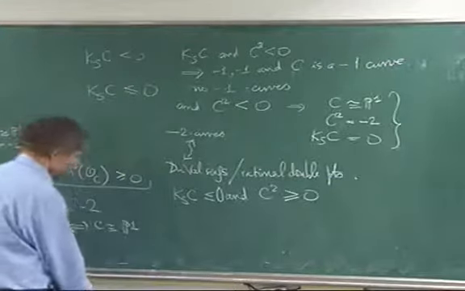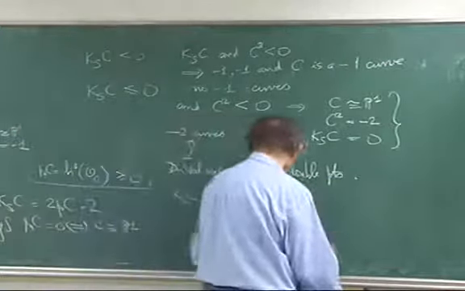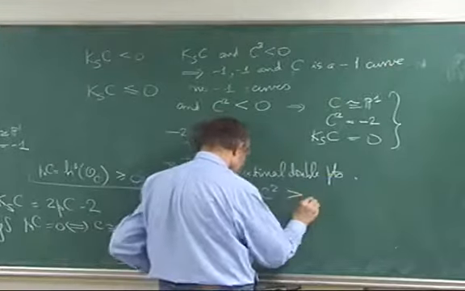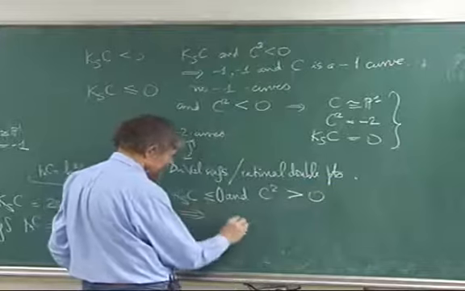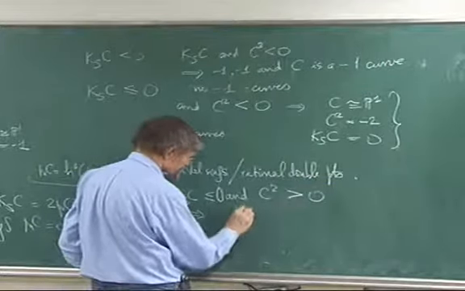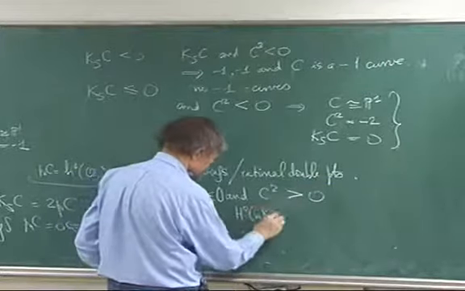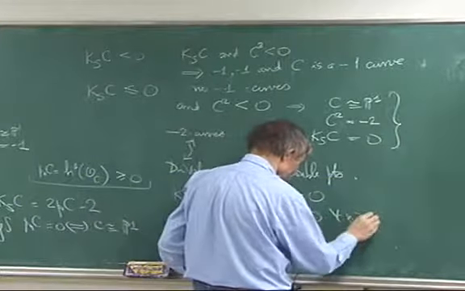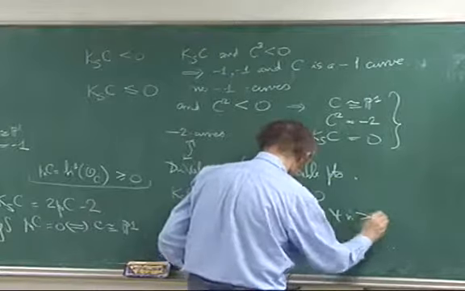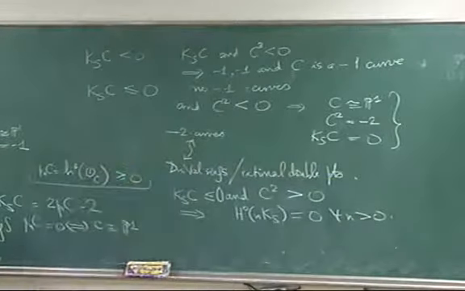So let me deal with the two cases. So if this is the case, then this implies that H0 of nKs is 0 for all n greater than 0. Okay, so why is this?